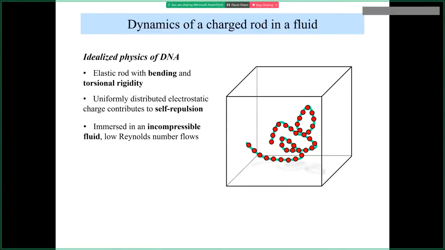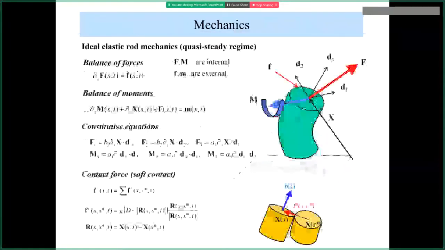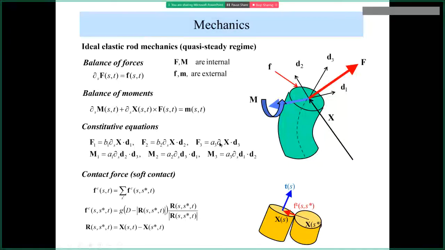So we use the same description of the mechanics, except perhaps here in this work we've generalized the mechanics, so we include two bending moduli and a twisting modulus, and then we include possible shearing and stretching within the structure.